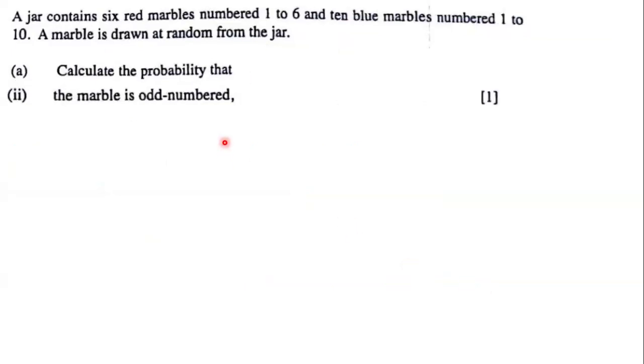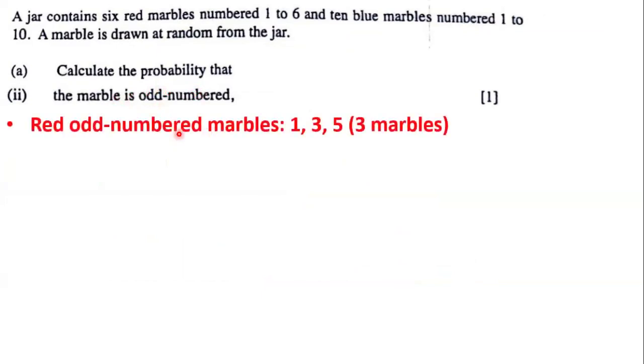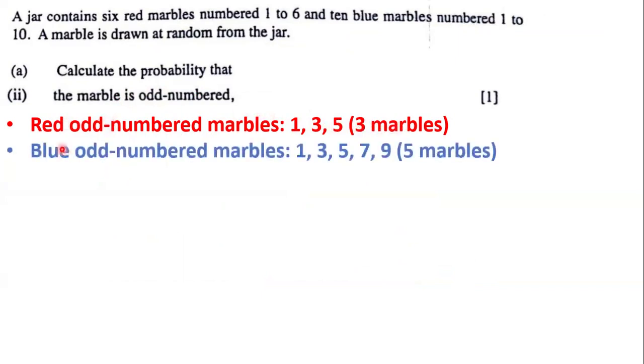Next, we want to figure out the probability that the marble is odd numbered. So from the red, how many red marbles are odd numbered? That's going to be 1, 3, and 5. So there are 3 marbles that are red and odd numbered. Now, how about blue? The blue odd numbered marbles are 1, 3, 5, 7, and 9.